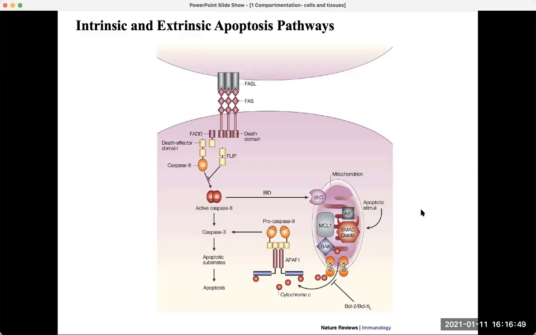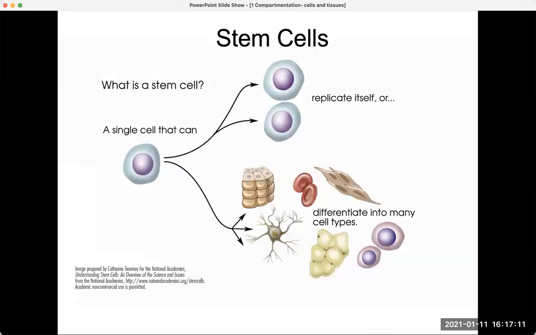Okay, intrinsic and extrinsic apoptosis. Apoptosis again is cell death. You can undergo cell death obviously in a couple of different ways. Intrinsic would be inside of the cell, extrinsic would be outside of the cell. We don't need to go into that too far in depth.